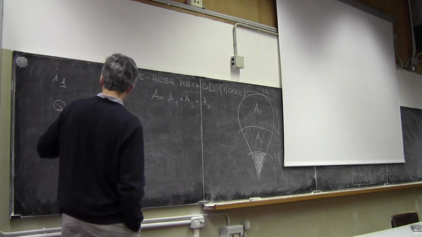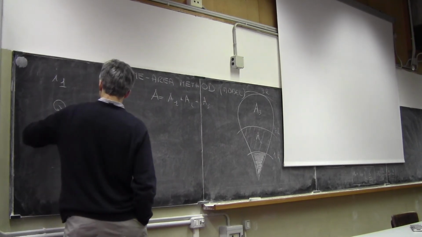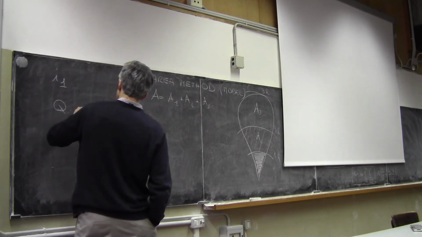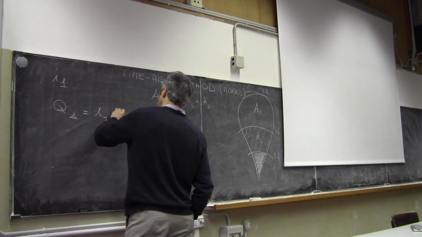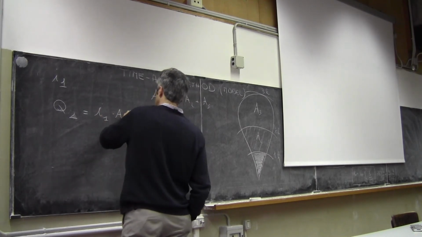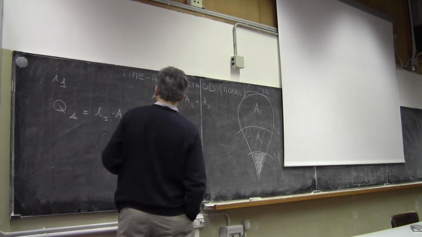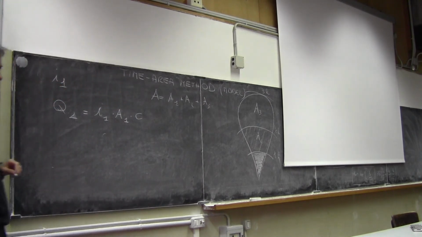Q1 is equal to I1 times A1 times C. Is this clear?